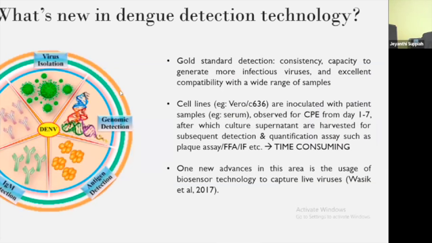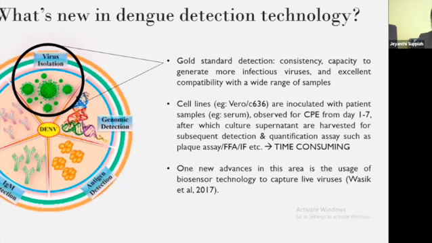So what's new in dengue detection technology? First, let's look at virus isolation. As I mentioned before, virus isolation is the gold standard detection. Why? Because of its consistency, its capacity to generate more infectious viruses for future research, and its excellent compatibility with a wide range of samples.